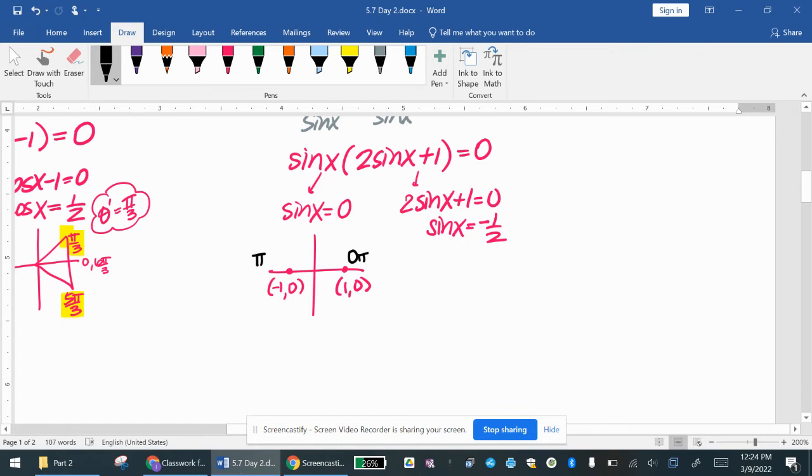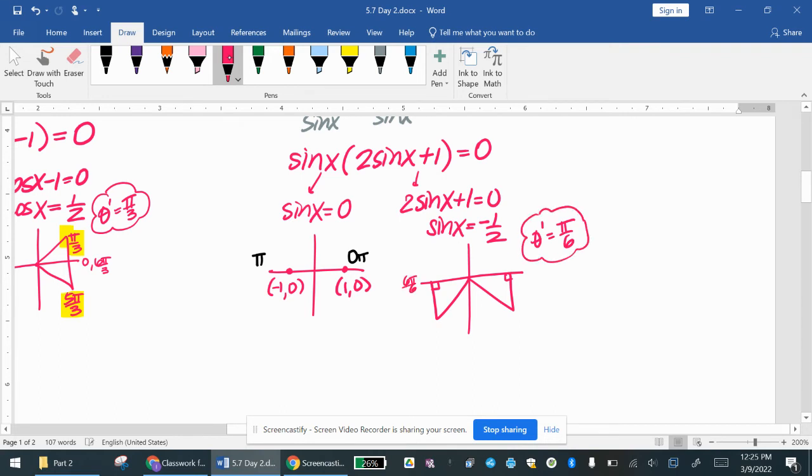So those are answers. Now, when you're talking about sine being negative, that's only going to happen in quadrants 3 and 4. But the reference angle here is pi over 6, which is 30 degrees because the sine of 30 is a half. So if this is 6 pi over 6, that means this is 7 pi over 6.